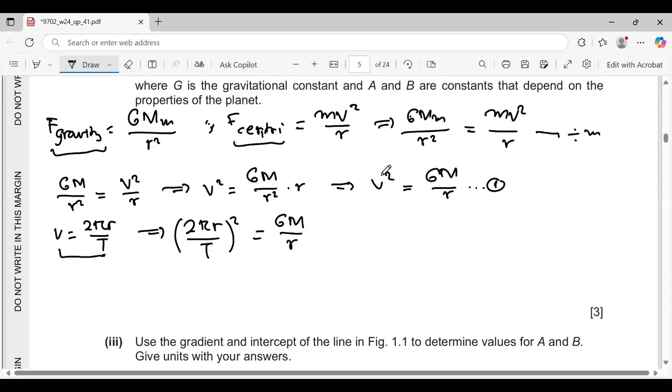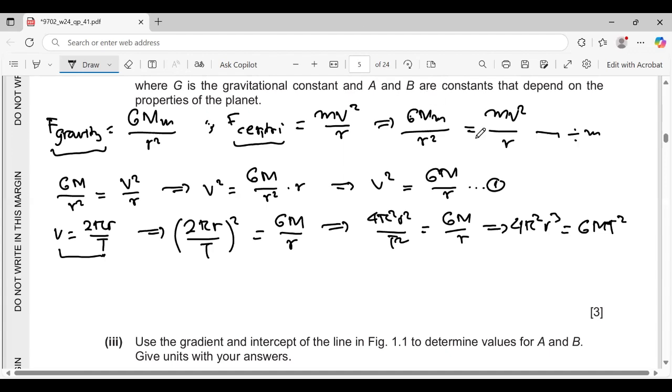Because v squared is this one, we substitute into the first equation. After that, we can simplify: 4 pi squared r squared over T squared equal GM over r. And it's going to be 4 pi squared r cubed equal GM T squared, because r times r squared becomes r cubed, and T squared times GM becomes GMT squared.